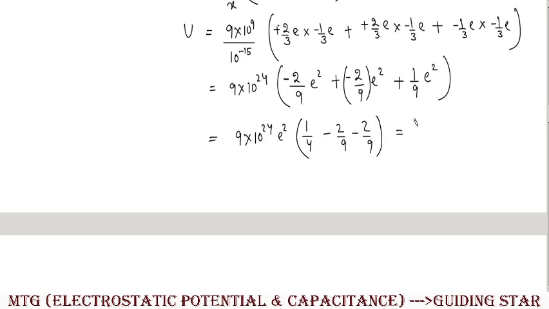So finally, 9 into 10⁻24, and the value of e is 1.6 into 10⁻19, that's squared. So it will be 1/4 minus 2/9 minus 2/9, so it will be minus 4/9. Okay, it is 1/9 minus 4/9.